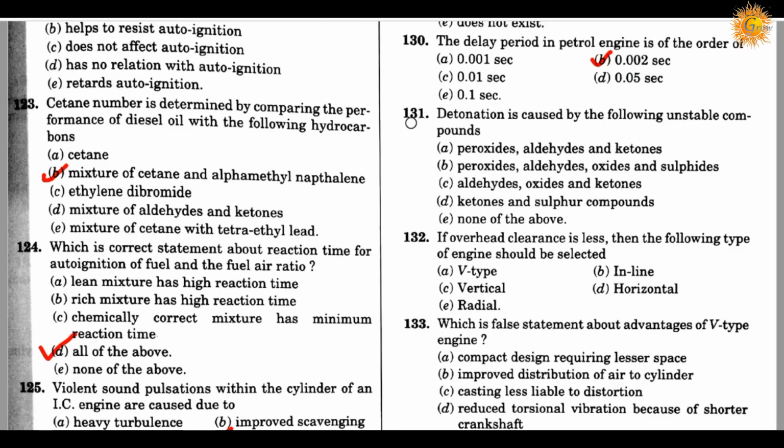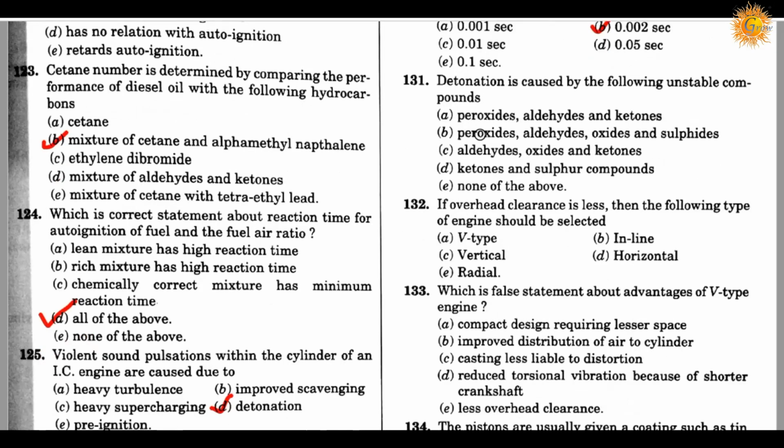Question number 131. Detonation is caused by the following unstable compounds. Option A, peroxides, aldehydes and ketones. Option B, peroxides, aldehydes, oxides and sulfides.